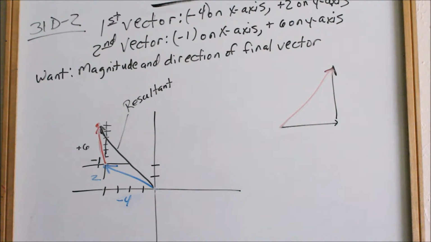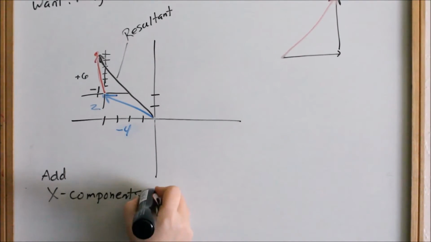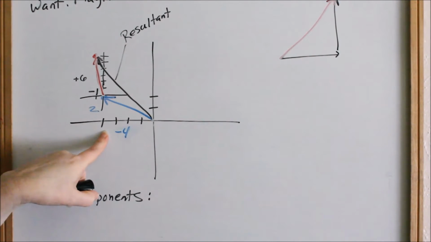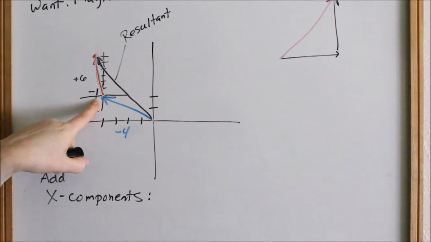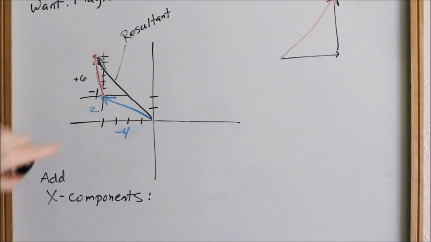What you can do is add your x components and add your y components. When you add vectors, you're adding your x components and your y components. So if we add our x components together, we went -4 with that blue vector, and then we went over -1 with the red. So this final point should be over -5 if I drew a triangle.